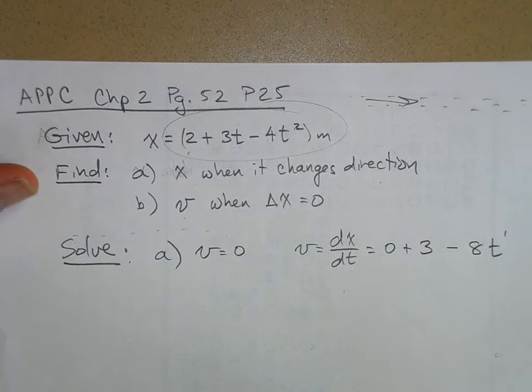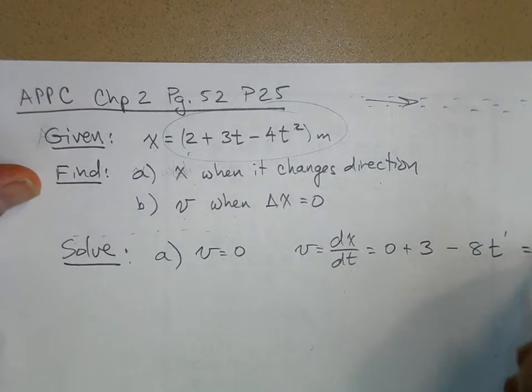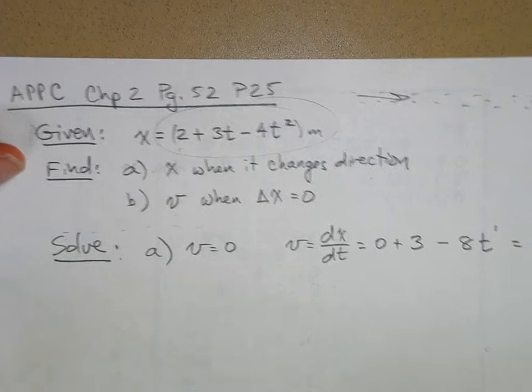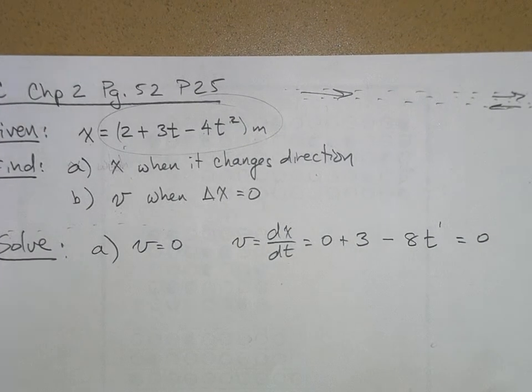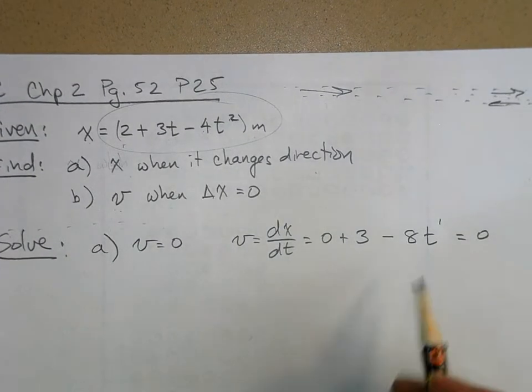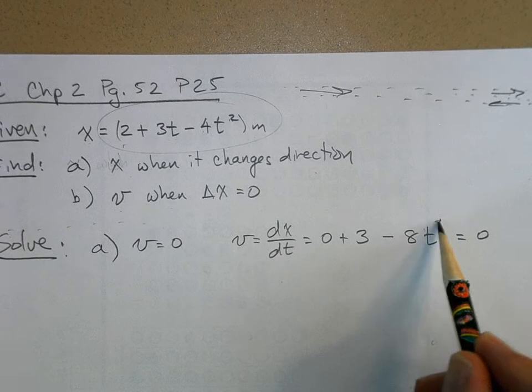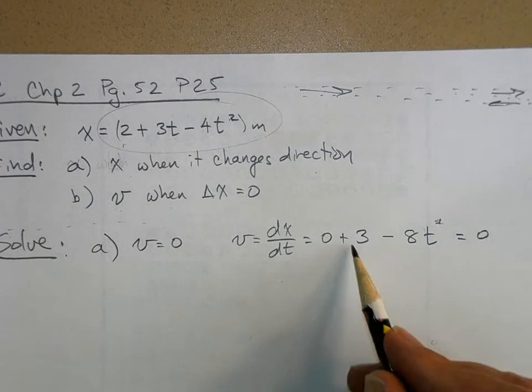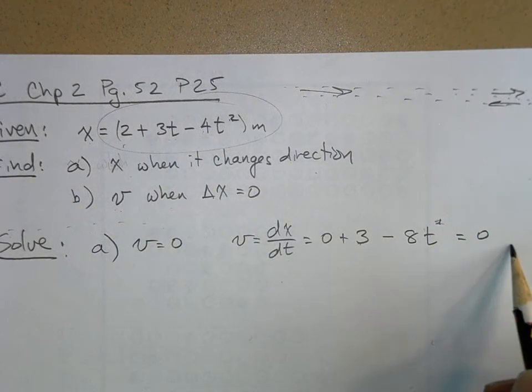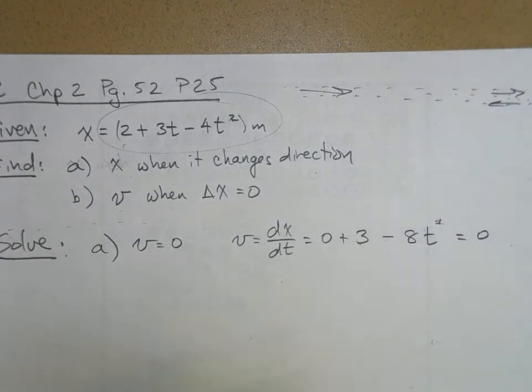So make sure you can do that. And we also know that this has to equal 0. The velocity there is equal to 0. So now we can solve for t. And t to the 1 is just t, so we don't need to do all that. What I'm going to do is subtract 3 to this side and then divide by 8.